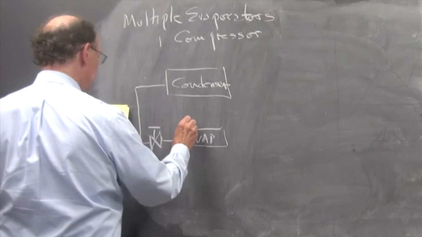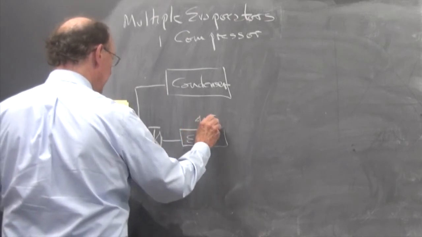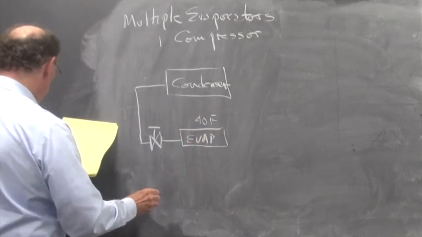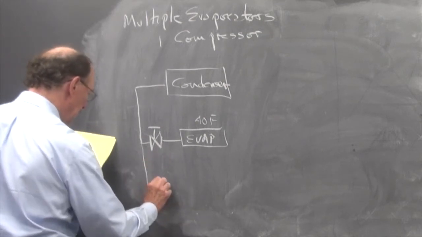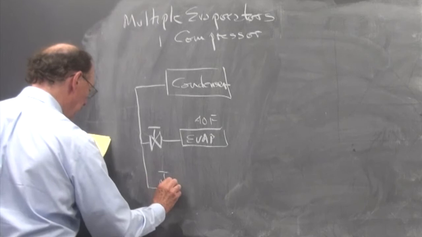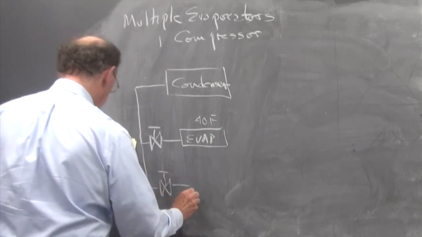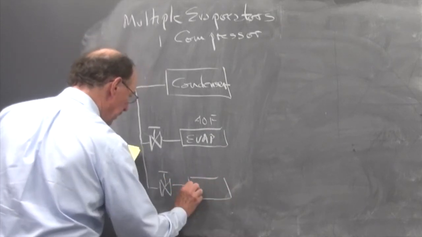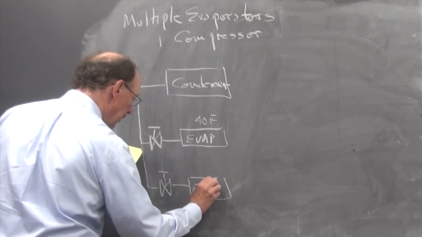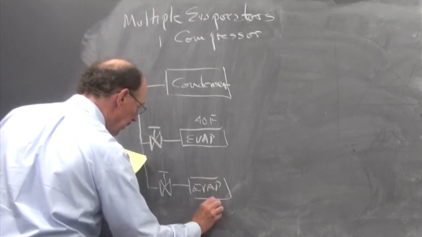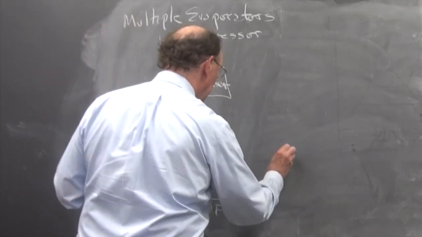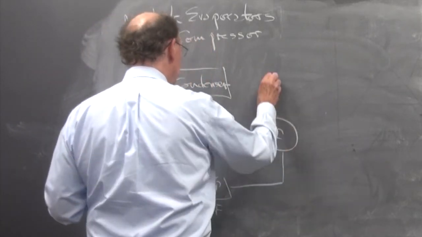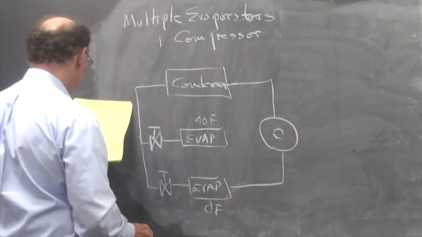Let's say we want this one at 40 degrees Fahrenheit, and we want this one at 0 degrees Fahrenheit. You have the compressor, and it goes back. And now let's do the numbering system.